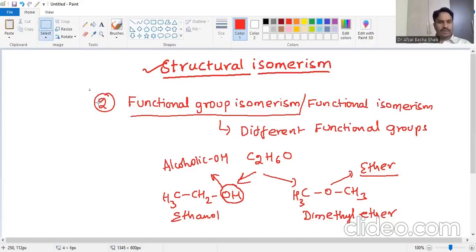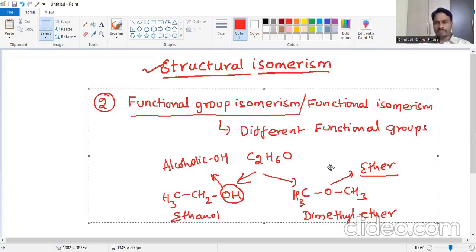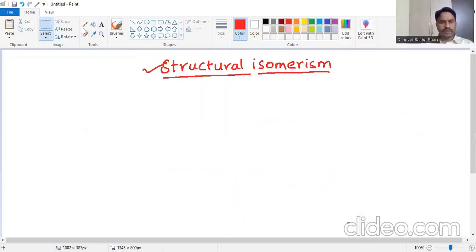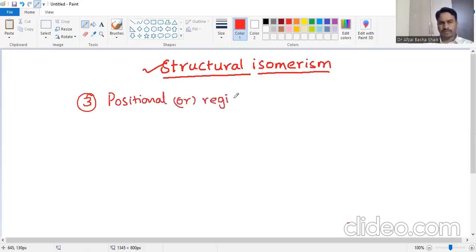And we also have another type of isomerism known as the third one, positional or regioisomerism. It's called the positional or the regioisomerism.